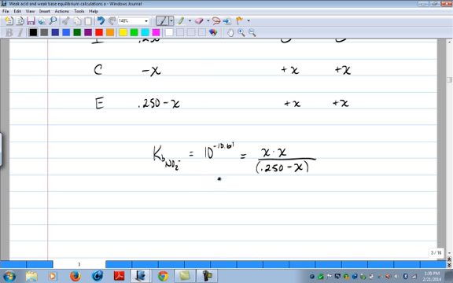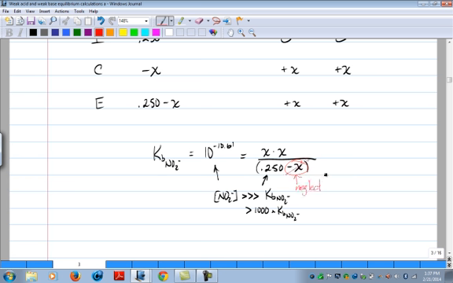Because this x is a very small number relative to this, in other words, the initial concentration of nitrite is much, much greater, greater than 1,000 times the equilibrium constant value, we can neglect the x relative to 0.250, this amount.